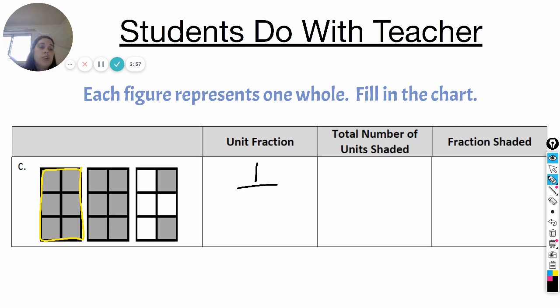And I don't need you to draw these shapes on your board. You can just look at them on my screen and just pick a place on your whiteboard to write the unit fraction. So 1 over what? Go ahead and fill in what number goes on the bottom of this fraction. So how many pieces are there all together in one shape?